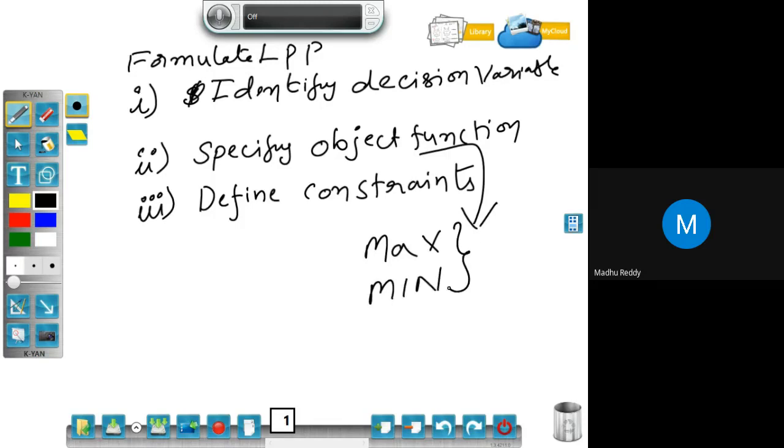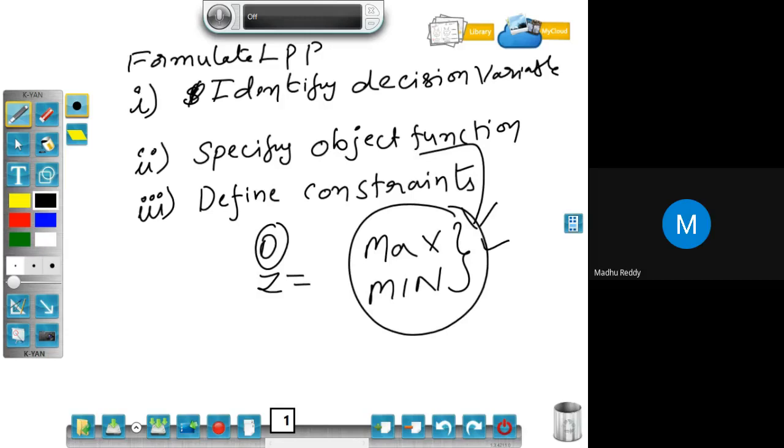If the problem doesn't give these, we just leave it as a normal function. The objective function is always specified as z equal to.